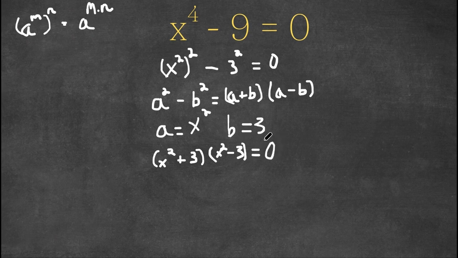Now this gives us two equations. We have x squared plus 3 equals 0, and x squared minus 3 equals 0.